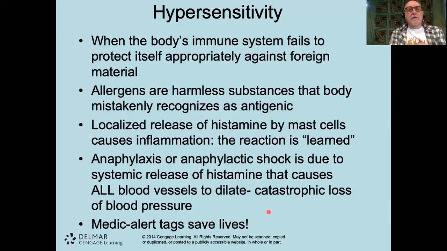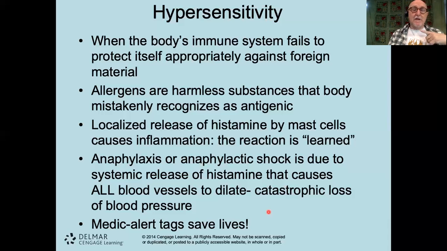They actually inject the venom into you. That venom begins to circulate in your body. If you are allergic to that, which is not unheard of, but it's not common. Most people don't have to worry about that. The bee stings you, all you've got to worry about is the pain of the bee sting.